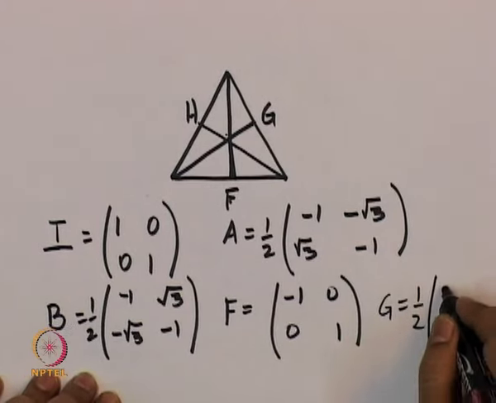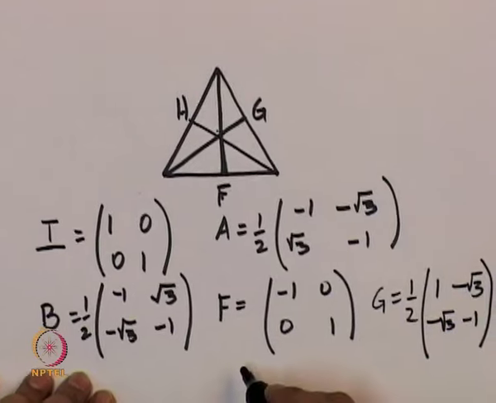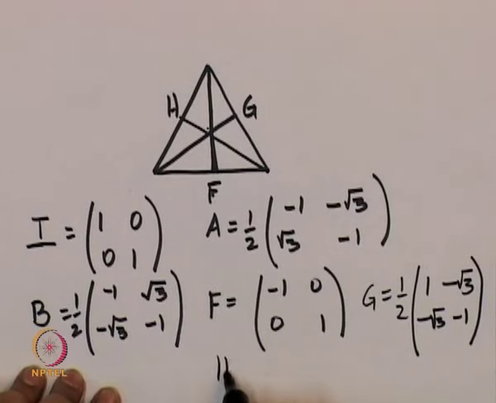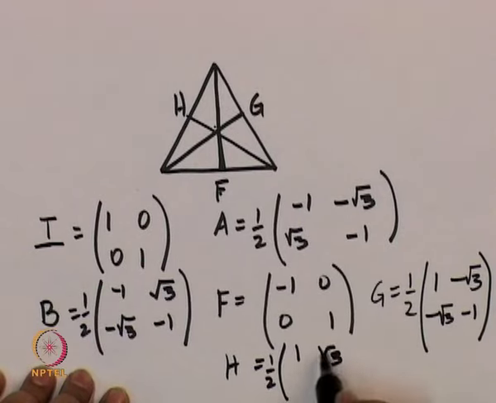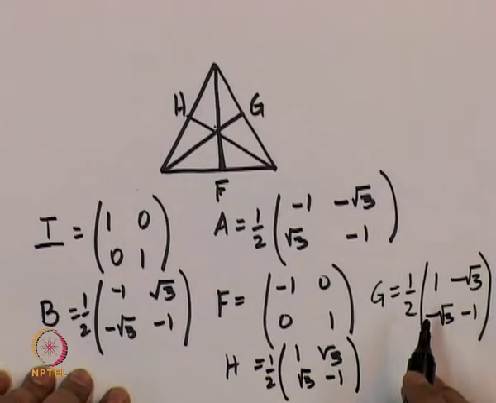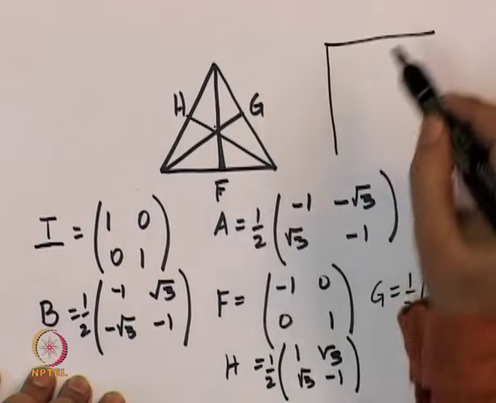G is, and H operator is defined like this. Now, all these 6 elements, you can make a group table like we did last time.